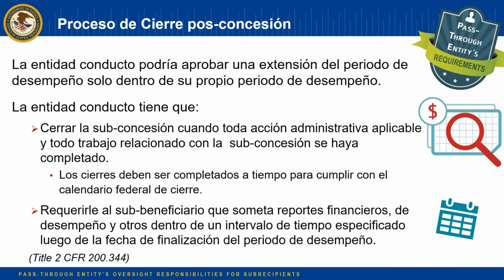So it's always important, as a pass-through entity, to be mindful and check on your sub-recipients as it gets close to the expiration date of that particular sub-award, because they could need more time. The pass-through entity must close out the sub-awards when all administrative requirements have been met.